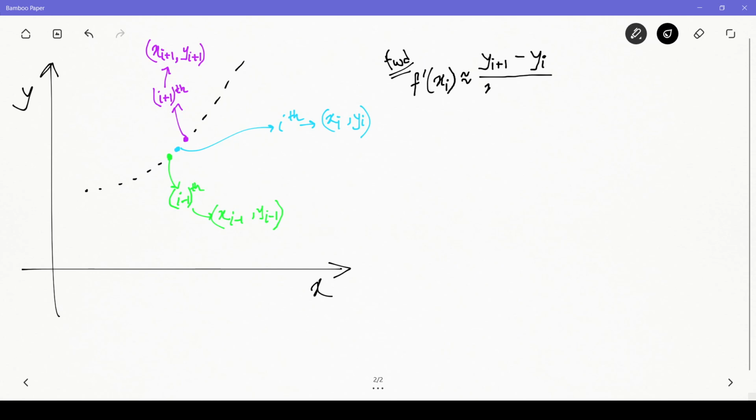Okay, which is simply writing x sub i plus 1 minus x sub i, right?